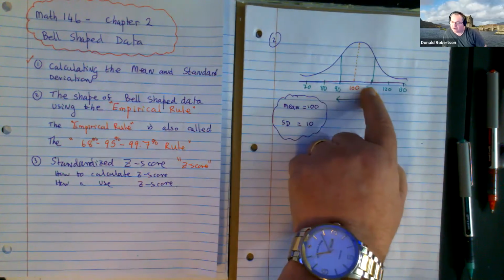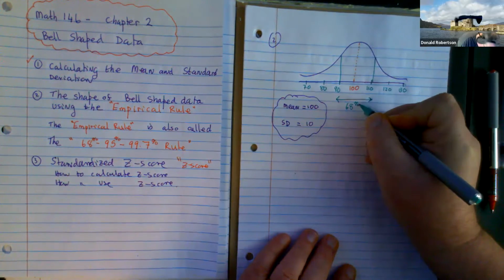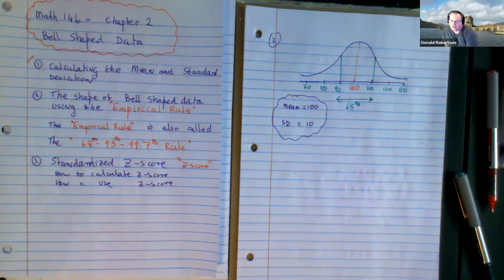One standard deviation either side of the mean, 68% of all the data is in that range. Wow. So if you got, I don't know, 1 million American adults, and you took the IQ of them, 68% of that million, right? 680,000 of you would have an IQ somewhere between 90 and 110.